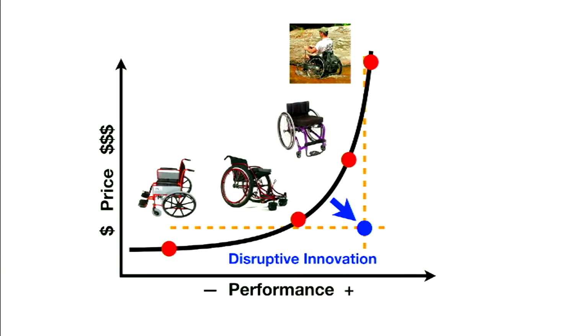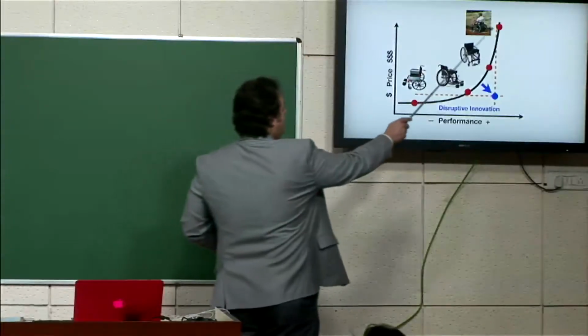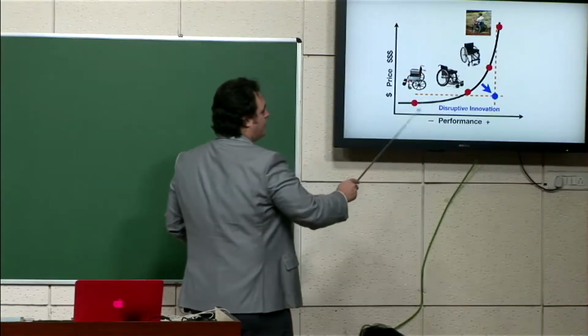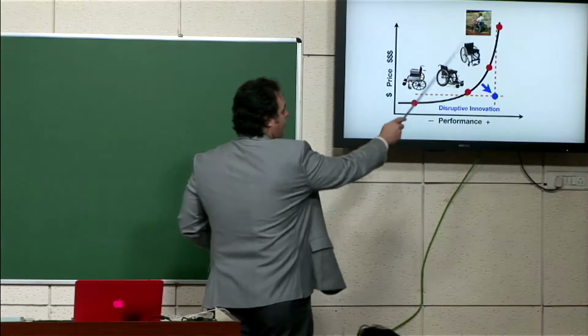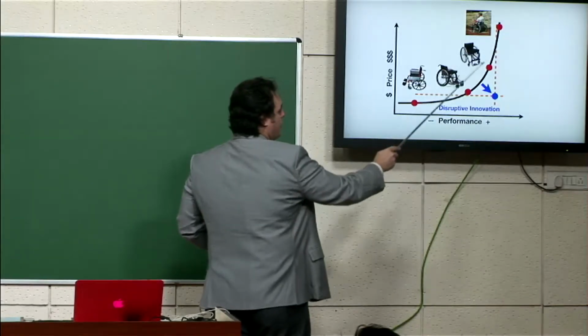So going back to this price performance curve that I showed yesterday at the beginning of the presentation, we found ourselves in exactly this situation where we had a quite diverse existing technology space of many different wheelchair variants. So, here's your $7,500 chair. Here's a sports wheelchair that you buy in the US.